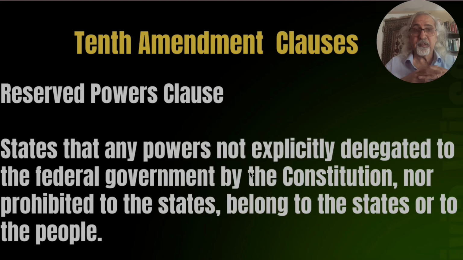These 10 amendments are really important to know for you as citizens of the United States, but also very important to know for the AP exam, because pretty much all the cases that we discuss, most of them refer back to one or two of these amendments. So that's all I have. Thank you. I hope this long explanation of the Bill of Rights was helpful to you.